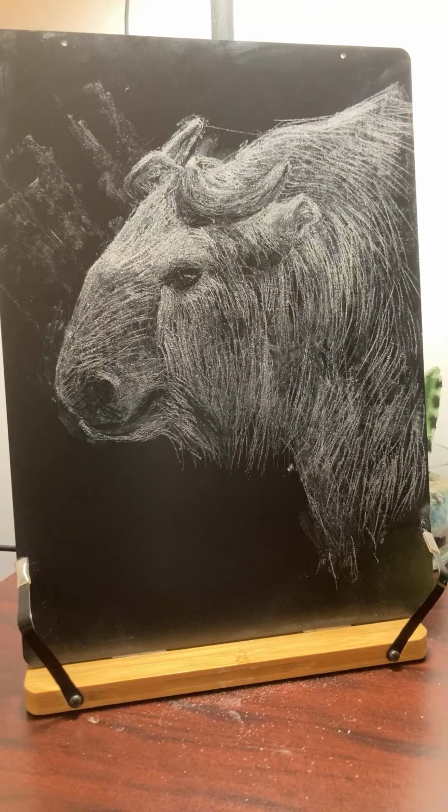Kind of a mix of different animals. Yeah, 四不像, it's a kind of four-in-one animal. It's a goat, it's a sheep, it's a bull, it's a deer, all mixed together.